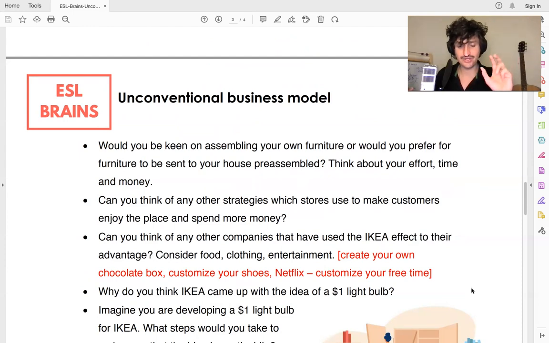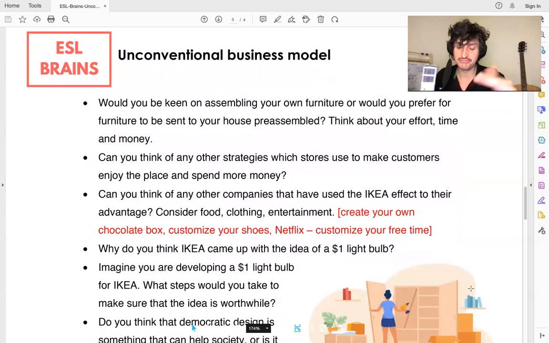They think it's, they disagree with some things about Netflix, but different companies are using this IKEA effect, right? Where if you build it yourself, if you add your own effort to it, you will feel more attached. So why do you think IKEA came up with the idea of a $1 light bulb?